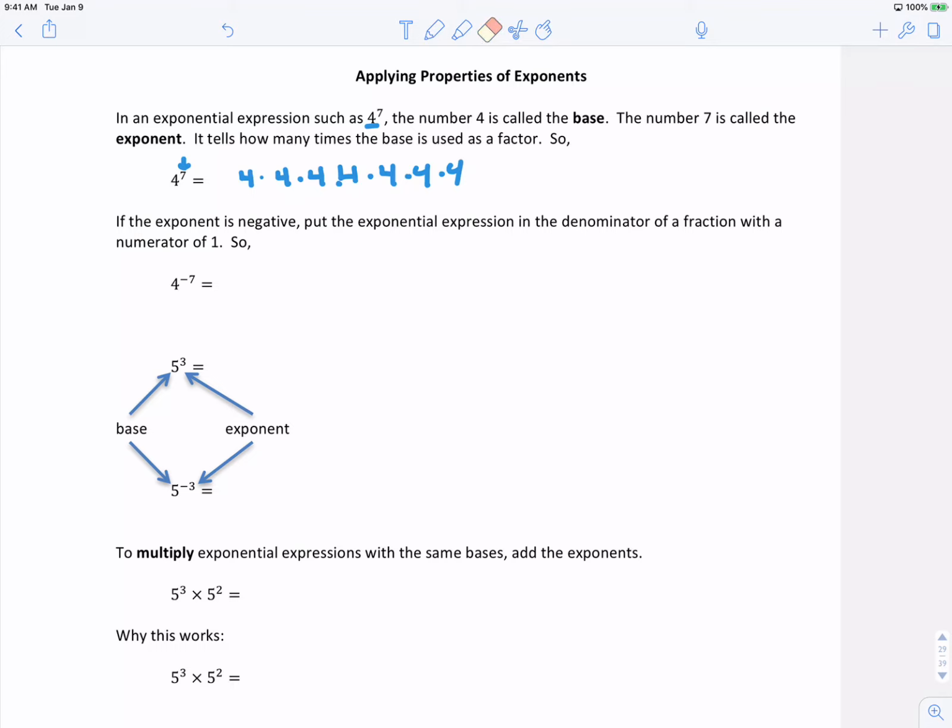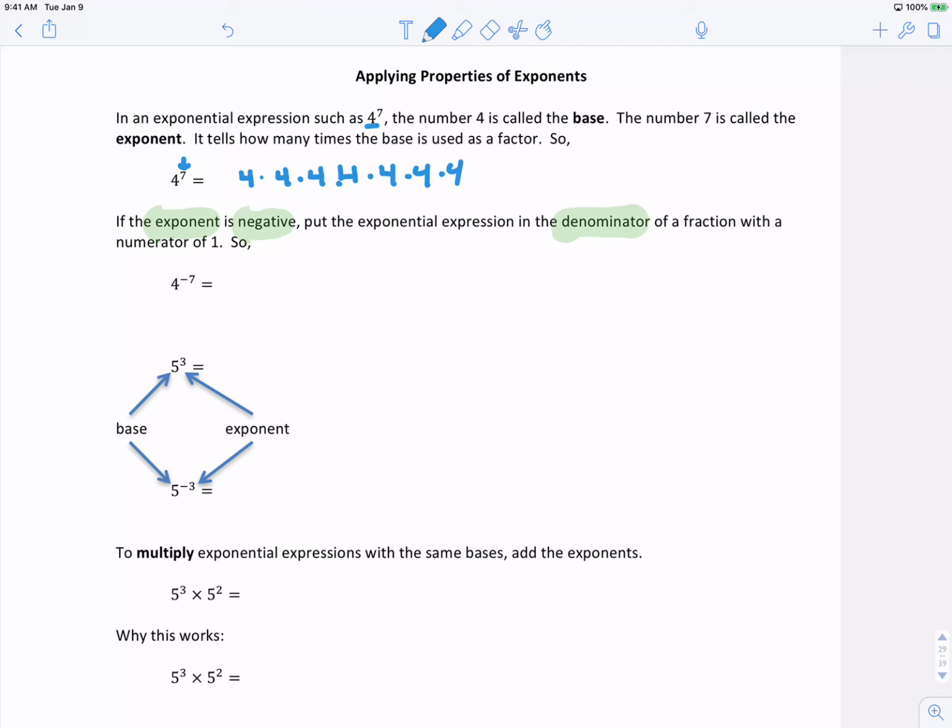But you quickly now see something brand new that you've never seen before. And that's, what if you have a negative exponent? What that negative exponent tells us to do is to flip the expression. So whatever is in the numerator will now become a denominator.